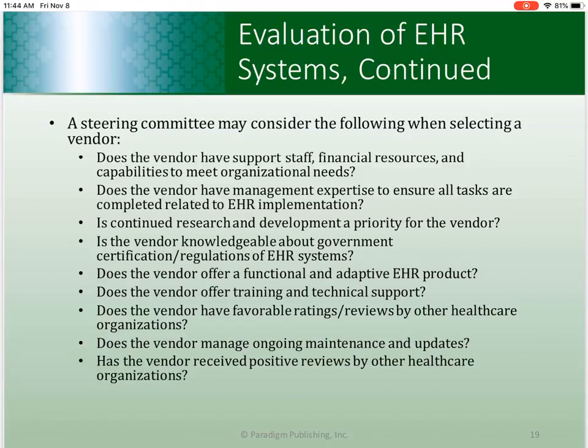A best-of-breed EHR system is when the healthcare organization goes to market to find a vendor or vendors to supply the clinical applications needed. The healthcare facility then chooses various vendors evaluated to be the best in a particular area of healthcare and integrates them into an entire EHR system. So they are going out and they are picking various vendors to be the best, and they're going to integrate them into their EHR system.